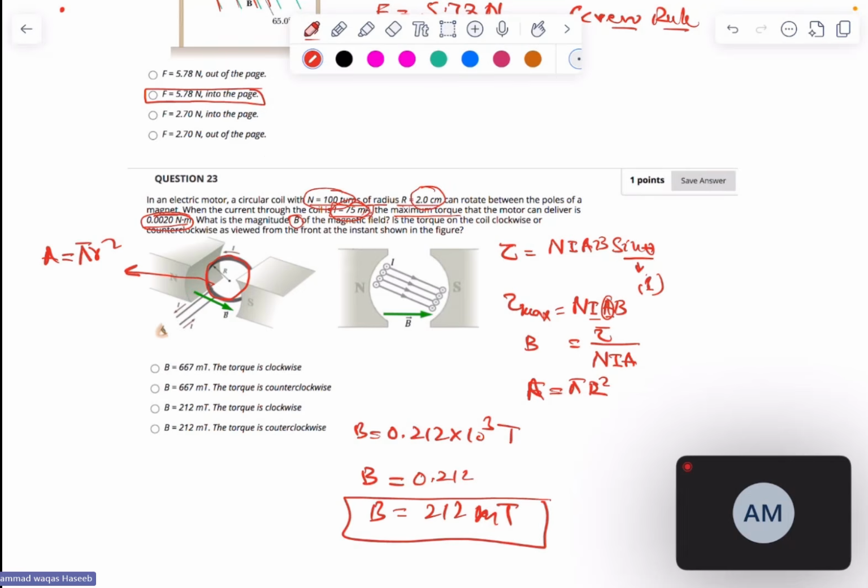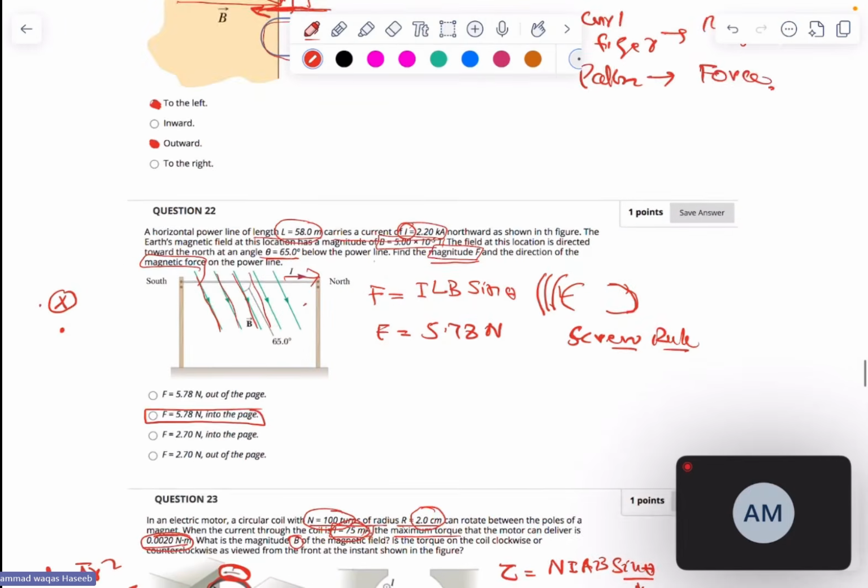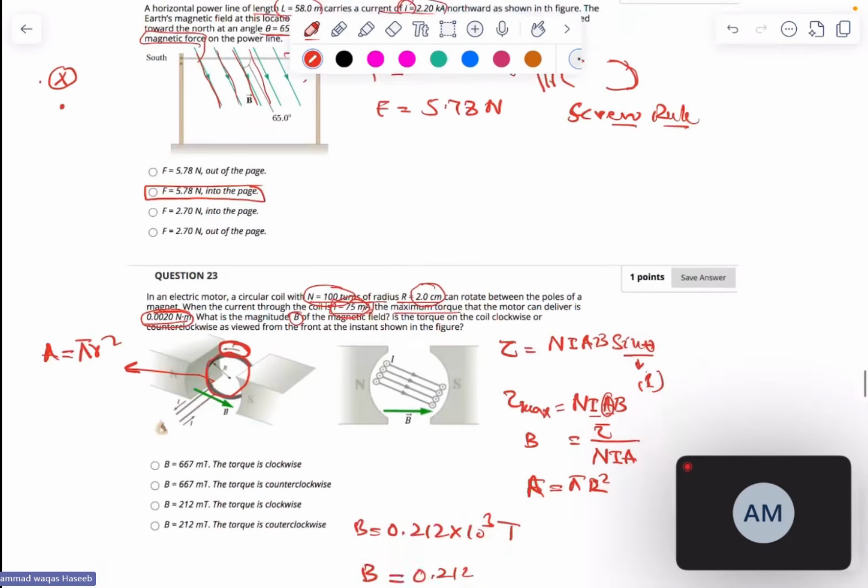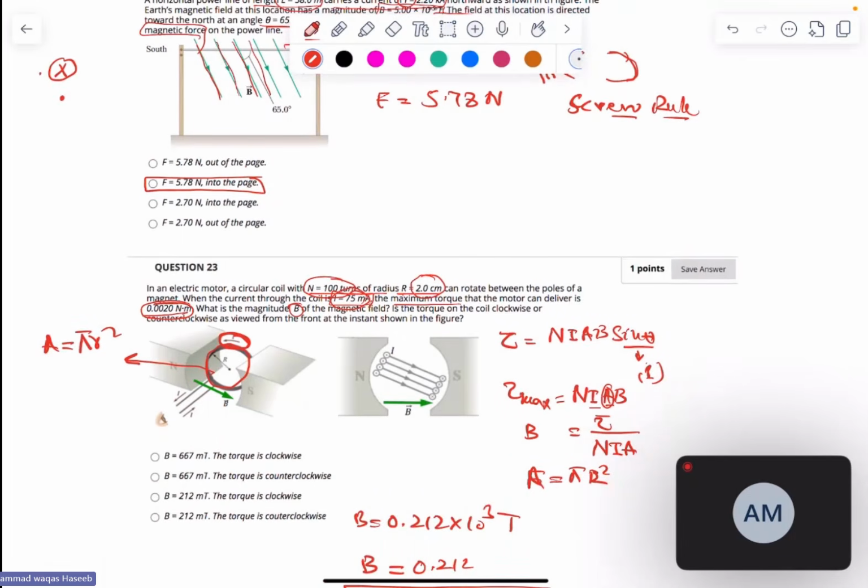Now if you see this, the current is in the clockwise direction, anti-clockwise direction. The magnetic field will be outward. So the torque in that case will be counterclockwise.